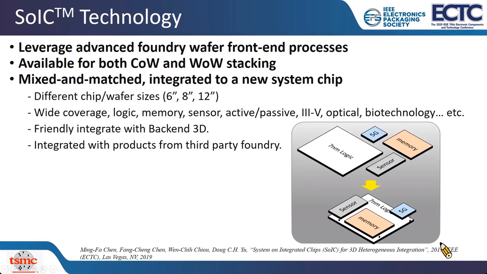Also, it has wider technology coverage across different functional chips, such as logic, memory, sensor, active, passive, 3.5, optical, biotechnology, and etc. Besides, SOIC is very friendly to integrate with back-end 3D IC. Moreover, it can easily integrate with products from third party, such as DRAM and CIS product.